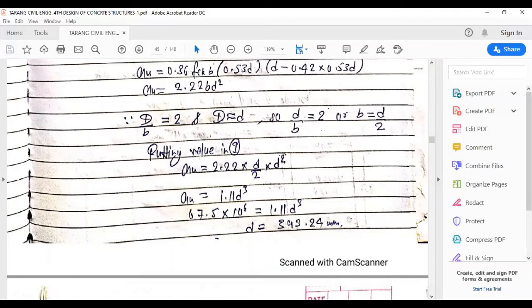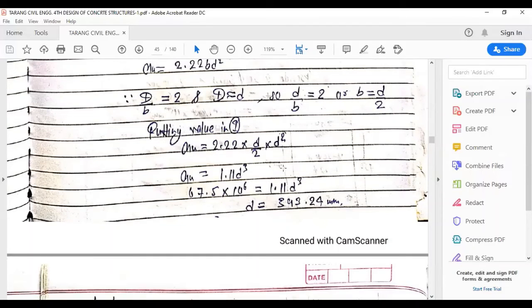Putting all these values in the first equation, Mu is 0.22, putting the value of b as d by 2 and d square as it is. Mu is given by 1.11 d cube.